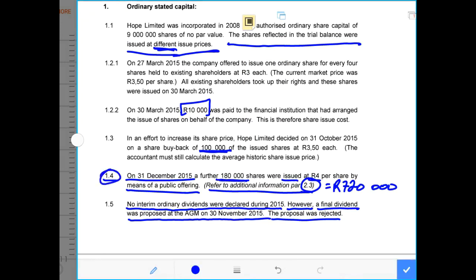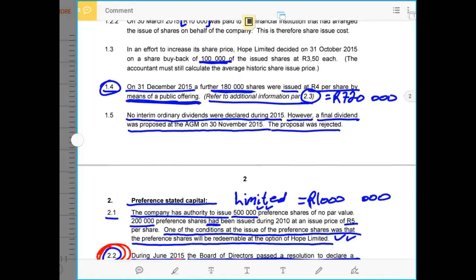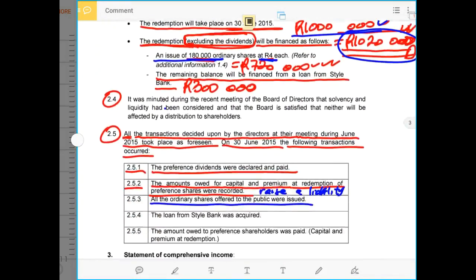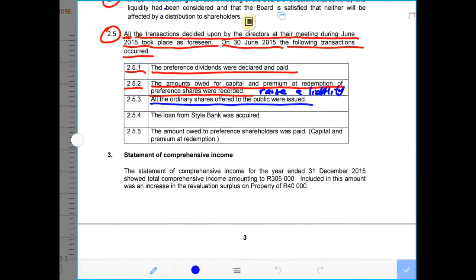These shares are the ones that were issued in order to raise money to pay for the redemption of preference shares. And they say it was 4 rand per share by means of public offering. That means this was recorded, everything was done in a perfect way. So now we also have to record that if we are required to in the future.